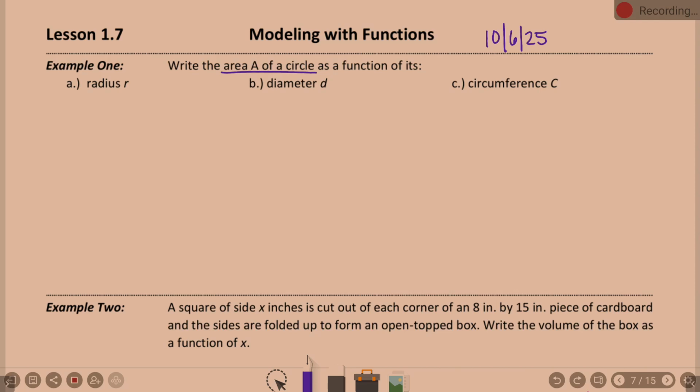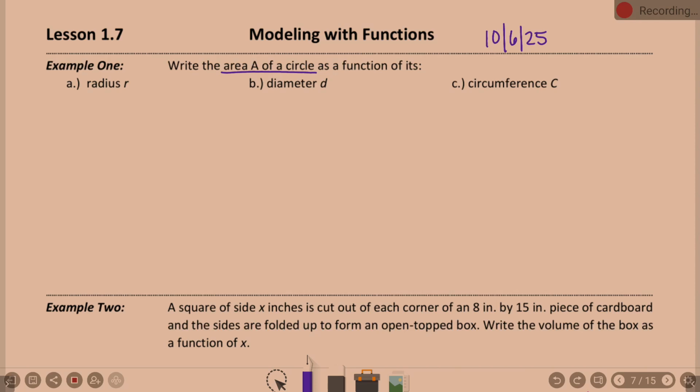As a function of its diameter, r has to be replaced and we use d for diameter. So when it says "as a function of," that is what your input is. Now, let's start with A.